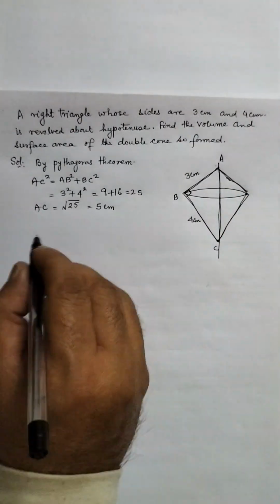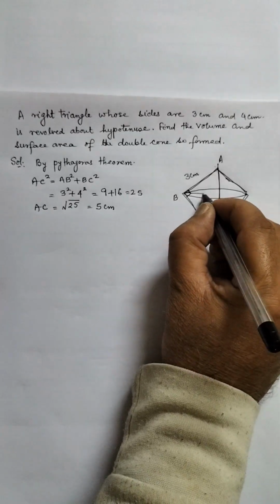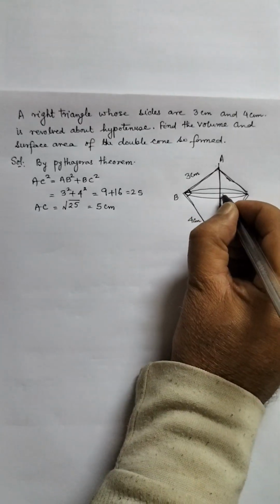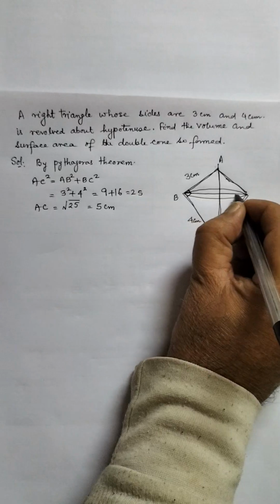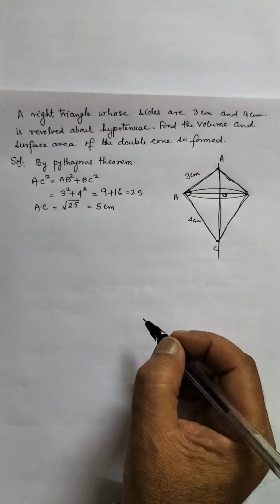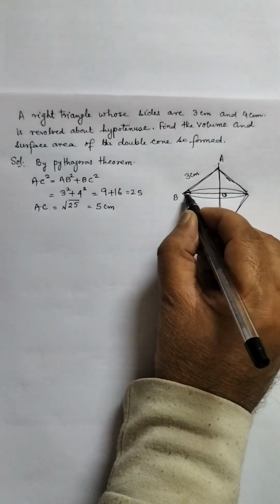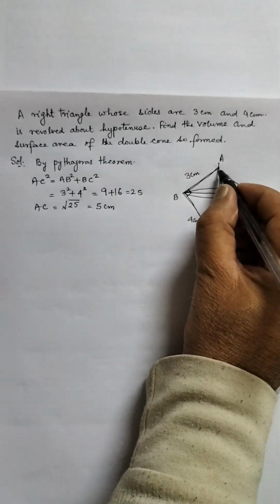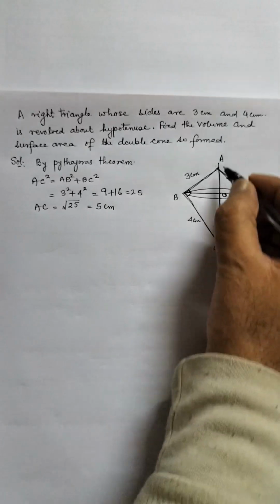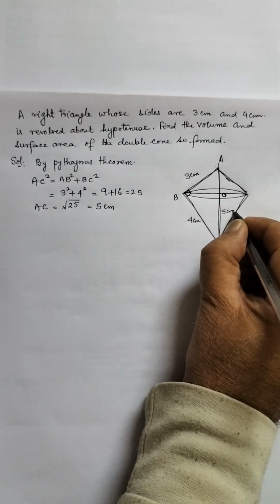We know for volume we need the radius. Suppose let us join this line, call this as O. So we need this BO and also the height AO. We know AC is 5 centimeter.